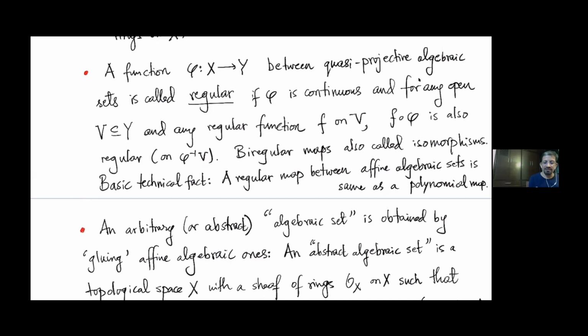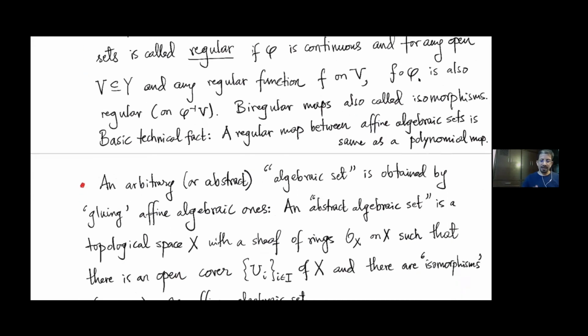So it pulls back regular functions to regular functions. If that happens, we call it regular. And biregular maps will be called isomorphisms.